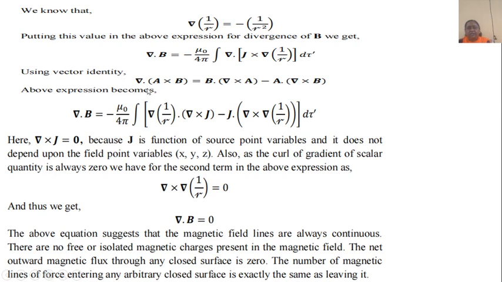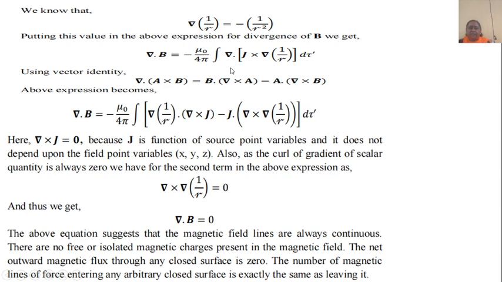Using this identity, the equation becomes del dot B equal to minus mu 0 upon 4 pi integral of [del (1 upon r) dot (del cross J) minus J dot (del cross del (1 upon r))] d tau.